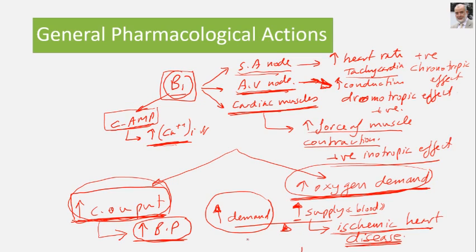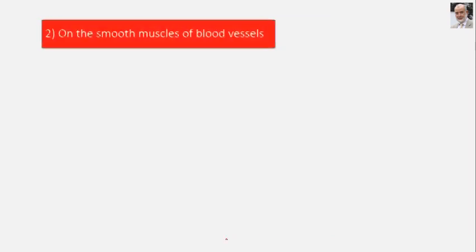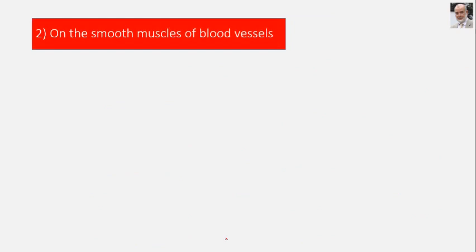The second effect we are going to talk about is their general effect on smooth muscles of the blood vessels. As we know, blood vessels, especially resistance vessels, small arteries or arterioles, have both types of adrenergic receptors.